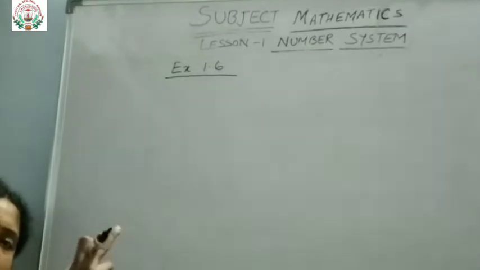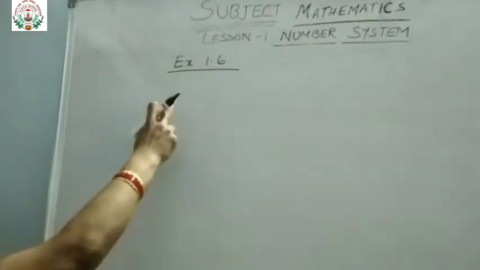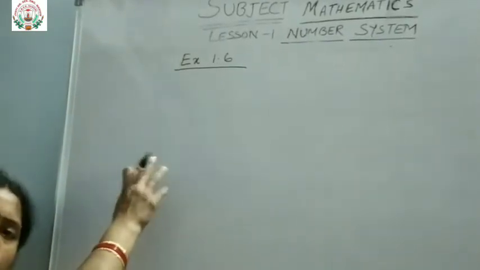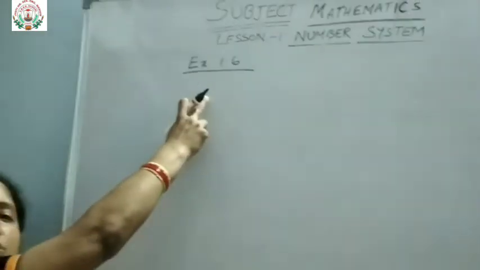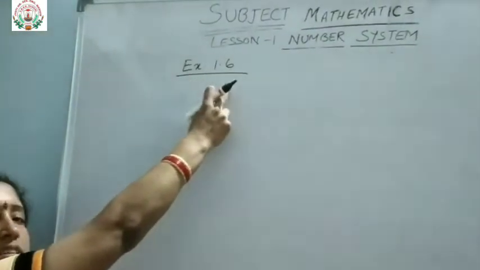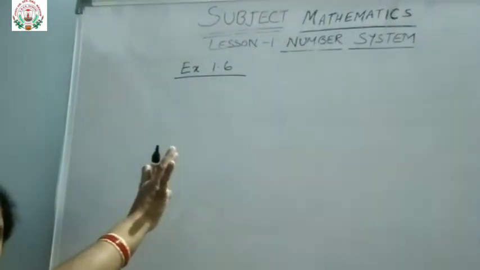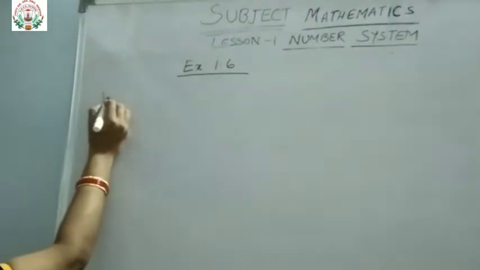Go through that PDF and copy down the notes in your fair copy. As we have just completed the laws of exponents, and formulas also I gave, they will be fresh in mind. So we will go for exercise 1.6 first and then move to exercise 1.5.